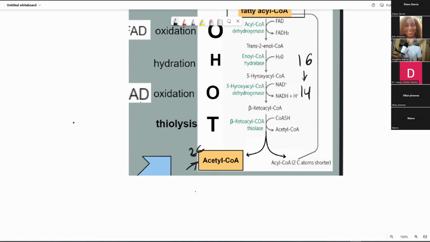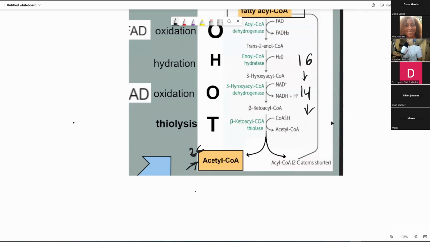And you basically have broken down, you shaved off an acetyl-CoA. You were able to shave it off. So now basically you repeat the beta oxidation over and over again until it gets lower and lower until you completely dissolve this fatty acid. That's what we're looking at here.